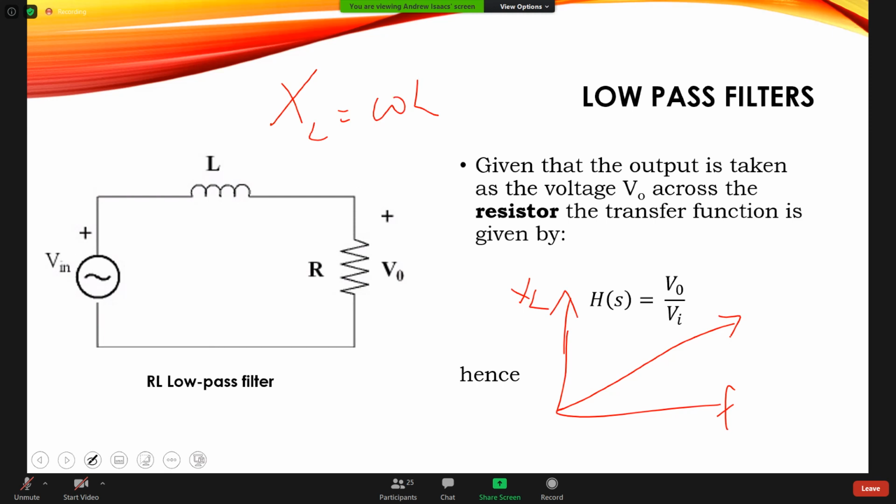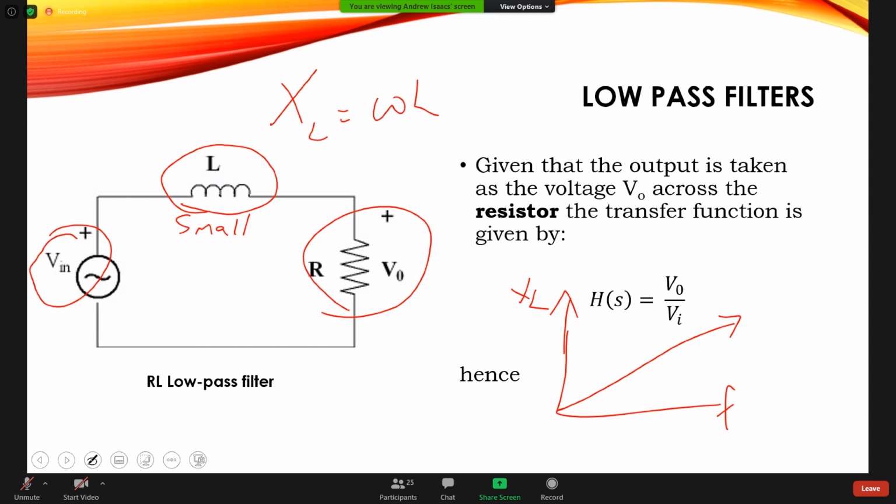So at low frequencies, XL is small. Okay? So the voltage drop across L would also be small relative to R. If I'm having smaller voltage drops, more of the input would be seen across R. Everybody clear on that?